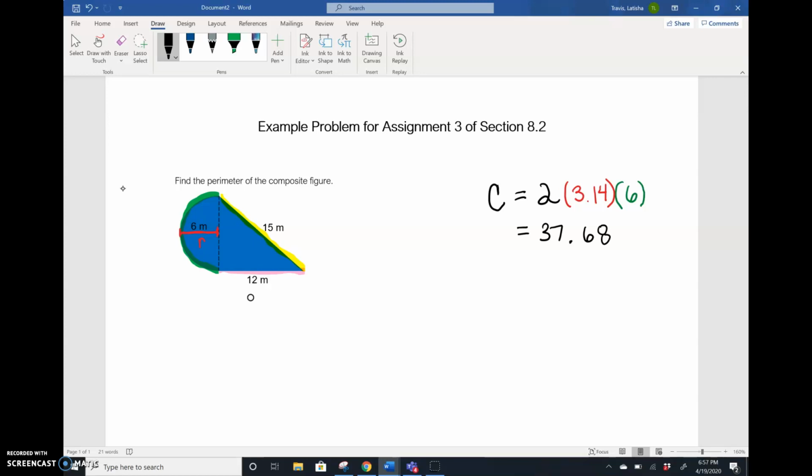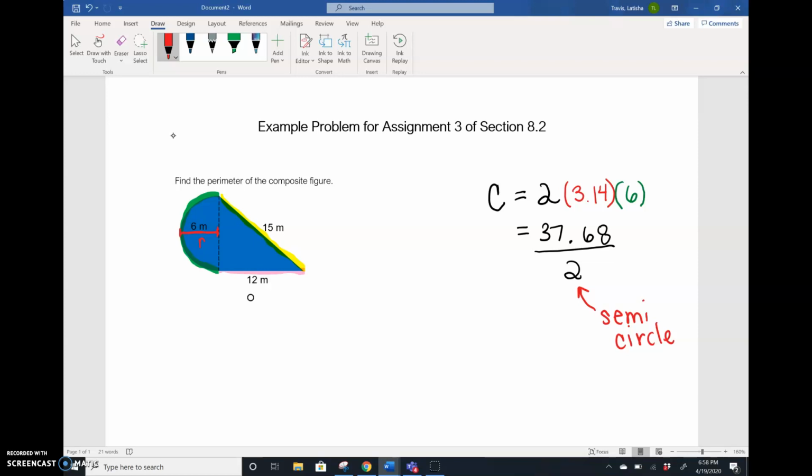We do not have a full circle. We have a semicircle. So because we have a semicircle, we have to take this number and divide it by 2. And that, again, is because we have a semicircle, half of a full circle. So we only have half of that circumference or perimeter.